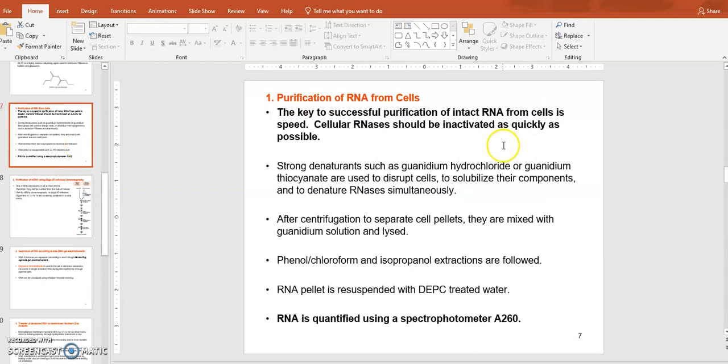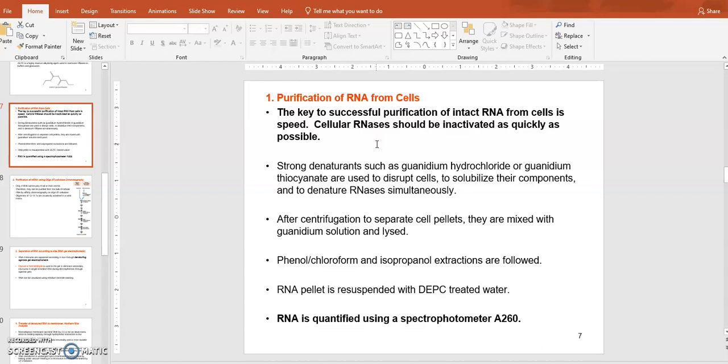Once your glassware and the things that you're going to use for RNA work are all treated with DEPC and baked, then you can continue with RNA purification. So you grow up the cells and try to isolate RNA molecules. In isolating RNA molecules, the key is speed.